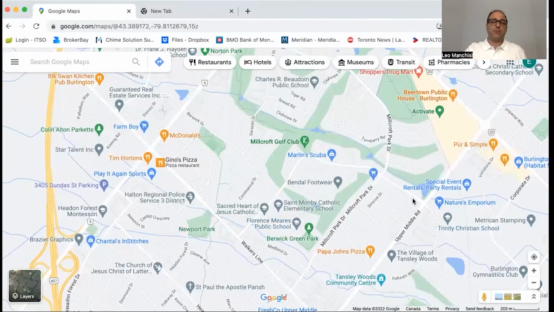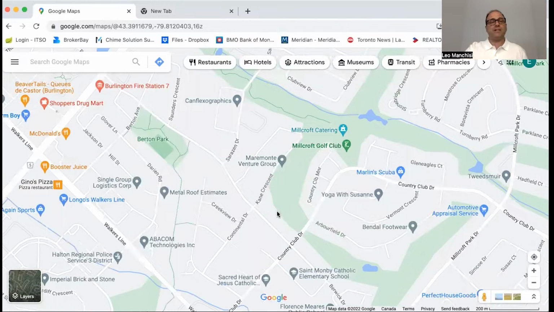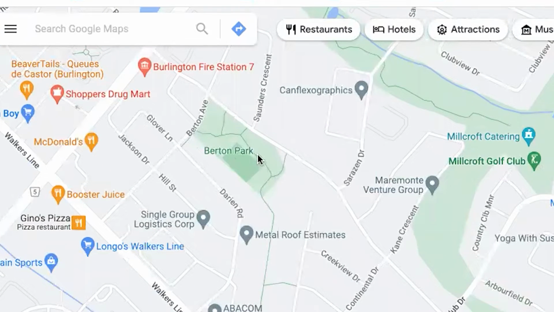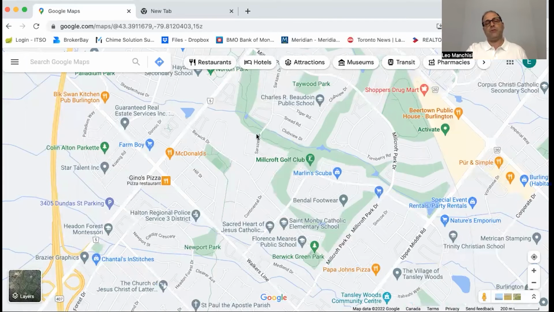You'll see several parks in the neighborhood, basically many of them surrounding Millcroft Park. Burton Park is another one where there's a soccer field, things like that, playground. You can see the Millcroft Golf Club runs right along the whole neighborhood. It has a number of the green space that cuts Millcroft in half.